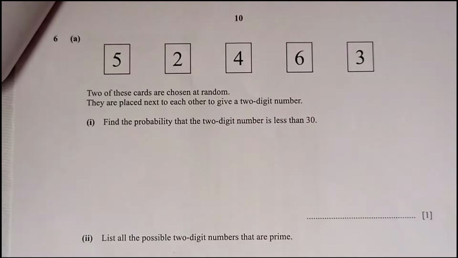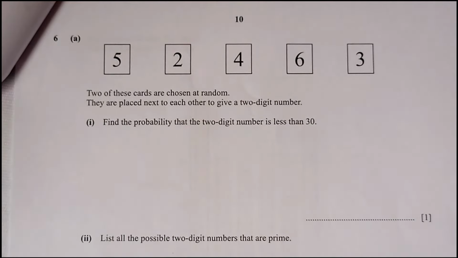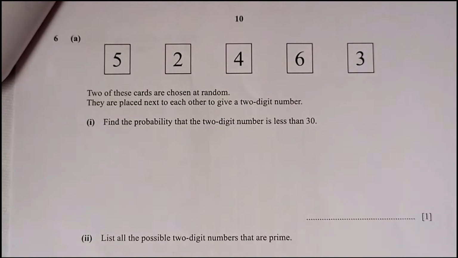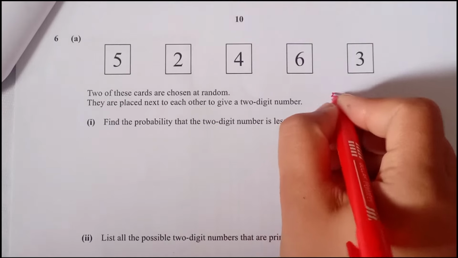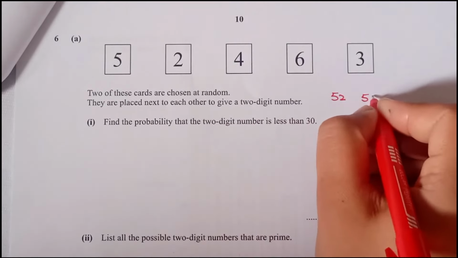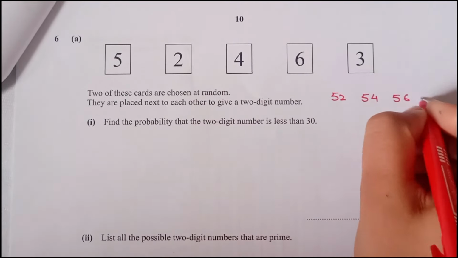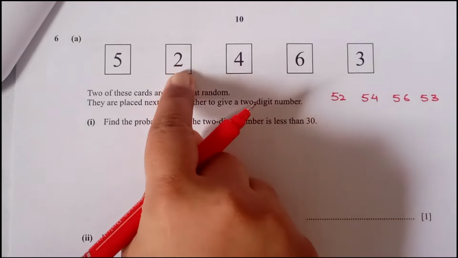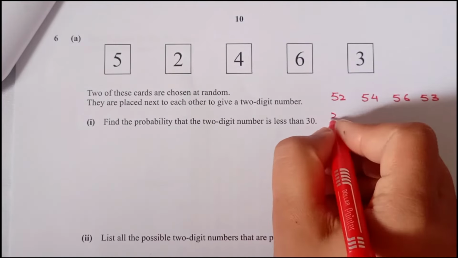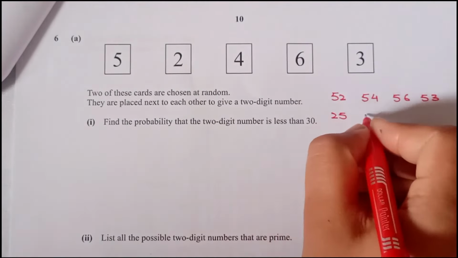In question number 6, part A, two of these cards are chosen at random. They are placed next to each other to give a 2-digit number. So first I would like to write down all the 2-digit numbers. With 5 we have 52, 54, 56 and 53. With 2 we have 25, 24, 26 and 23.